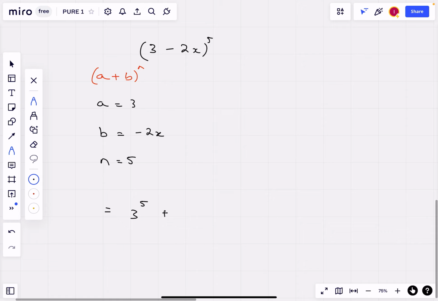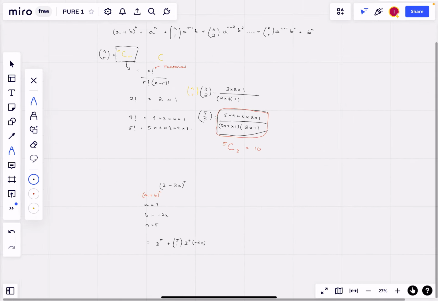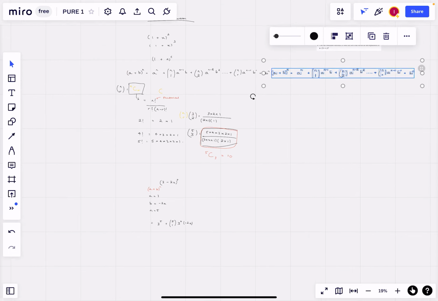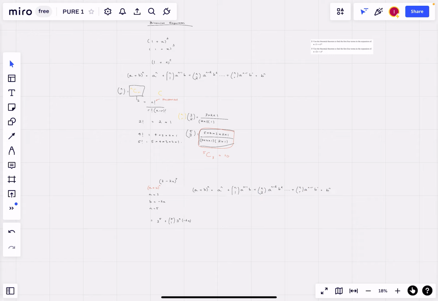We're going to add the nC1, so 5C1, with our a to the power of n minus 1, so 3 to the power of 4, times by b, minus 2x. Does that make sense? Okay, let's take our binomial. Let's copy it over here just so we have it to refer to.